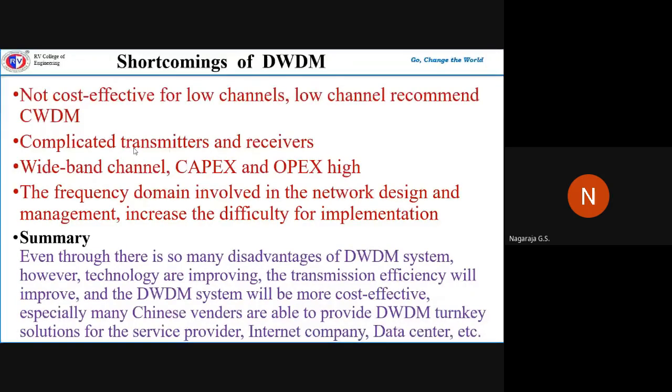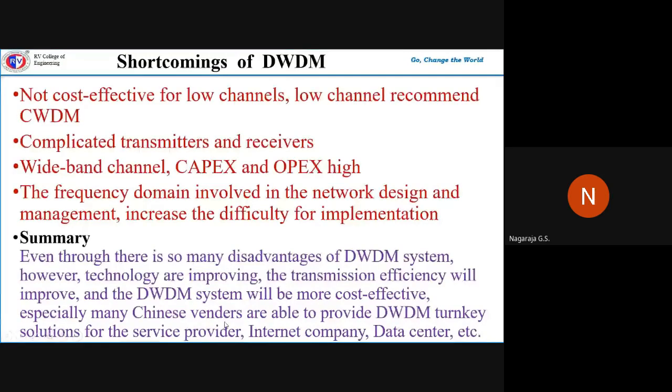Having said that about WDM and DWDM, if you want to summarize these two multiplexing techniques, this technology is going to improve your data transmission speed, irrespective of your applications. Basically, the transmission efficiency will improve, and DWDM systems will be more cost effective.